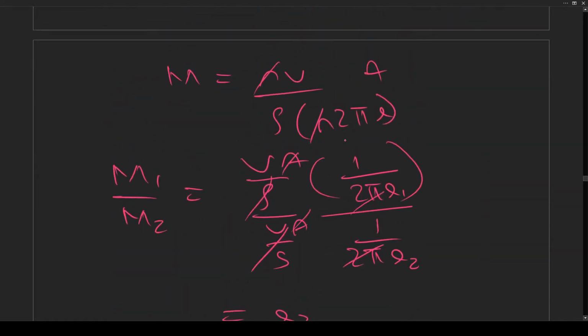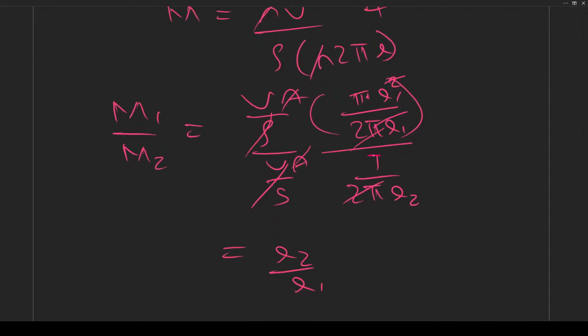Then there should be one more pi r1 square here. R1 cancels, and pi r2 square here, so R2 cancels, pi cancels.